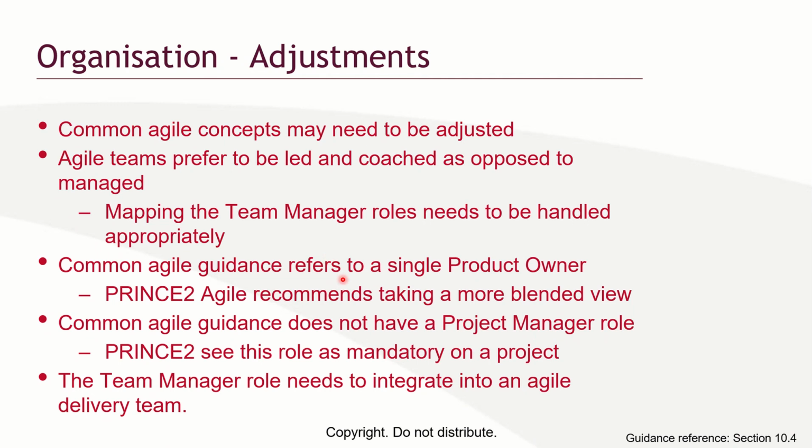Common Agile guidance also refers to a single product owner. However, you can have a product owner and a project manager, or a product owner and a scrum master. Sometimes you just work with one of them. The common agile guidance does not have a project manager role.